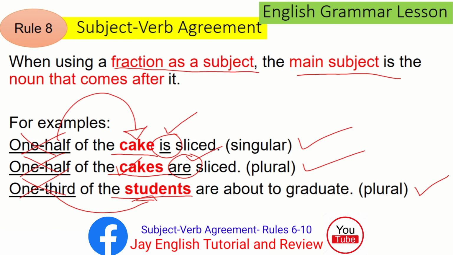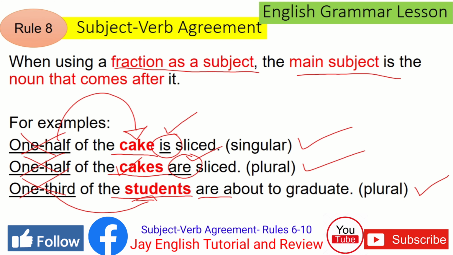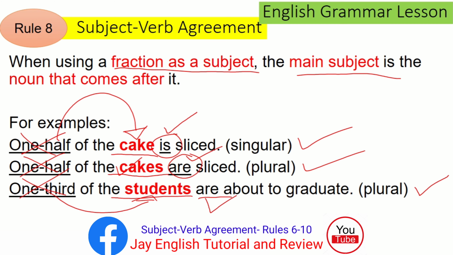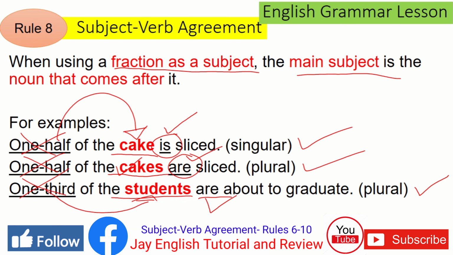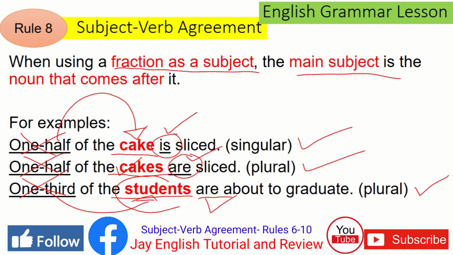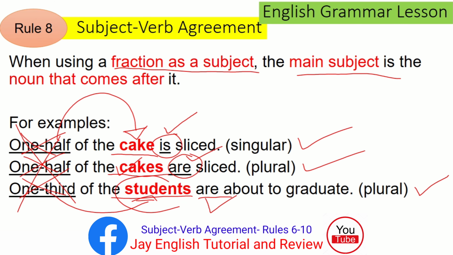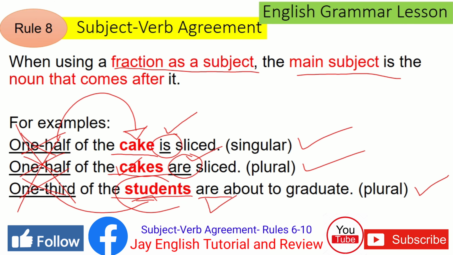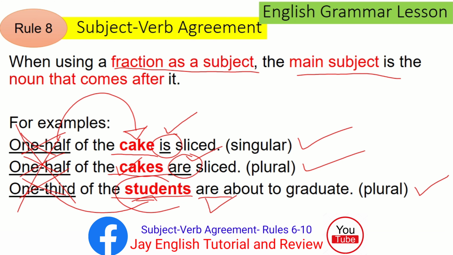Therefore, we are using the linking verb are as our verb here. 1/3 of the students are, not 1/3 of the students is, because it is on the noun students where our verb agrees, not on the expression of fraction. That is rule number 8.